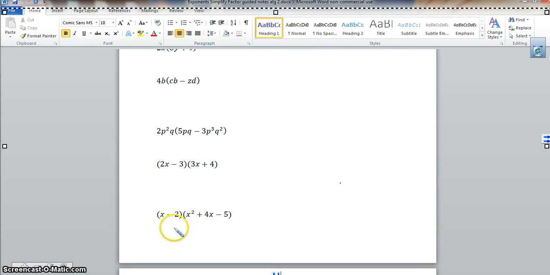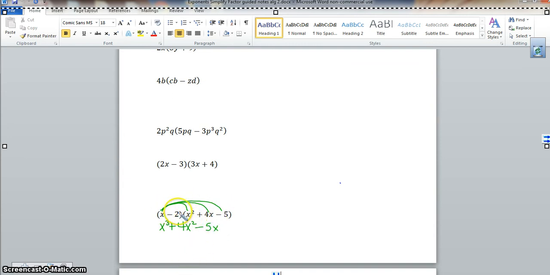All right, let's do another one. One more. Let's come down here, this last one. All right, so here we've got a binomial times a trinomial. So we're going to take the x and we're going to multiply it to each one of these. So we have x times x squared, x cubed, x times 4x, 4x squared, x times negative 5.